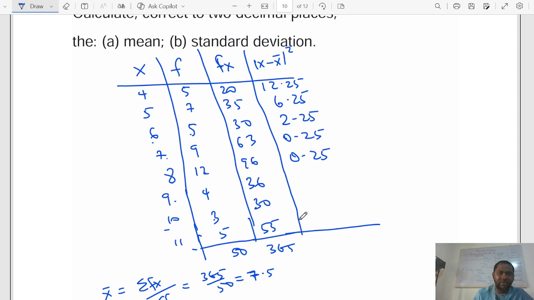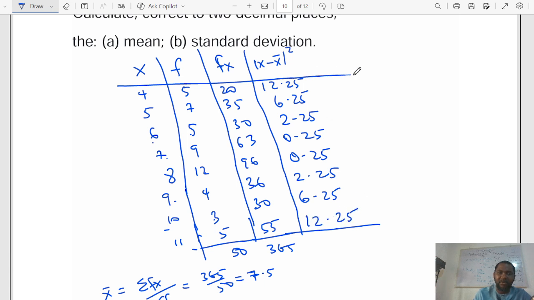Then if you do for 9, it is 2.89. Then if you do for 10, it is 7.29. And if you do for 11, obviously it's going to be 13.69.